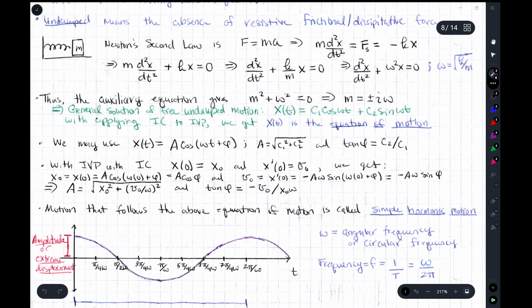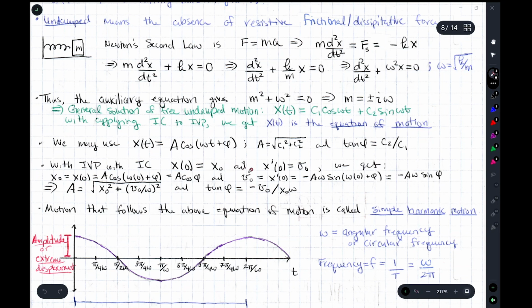C1 and C2 are not very instructive in a physical sense. But something like the initial position and the initial velocity are physically instructive.